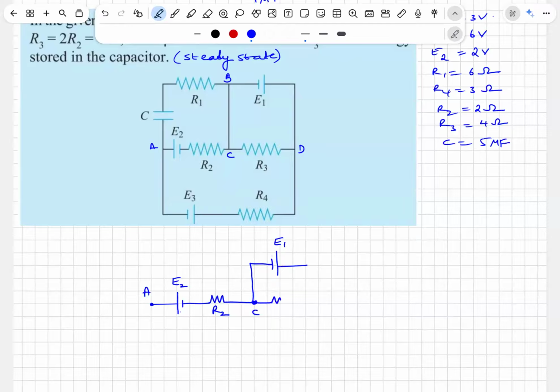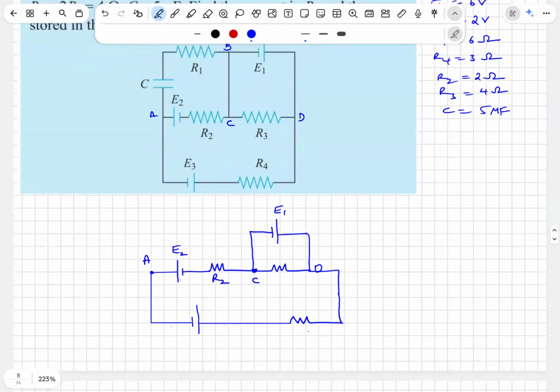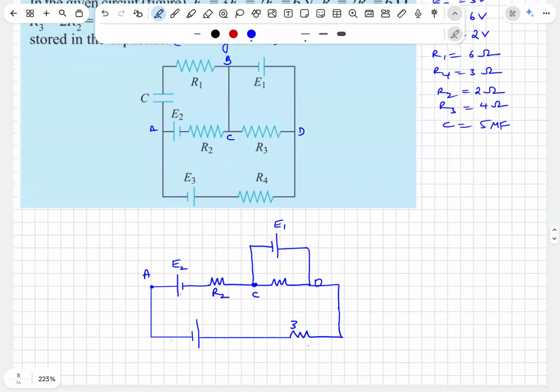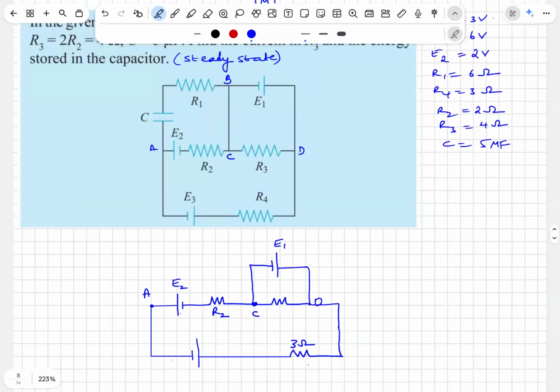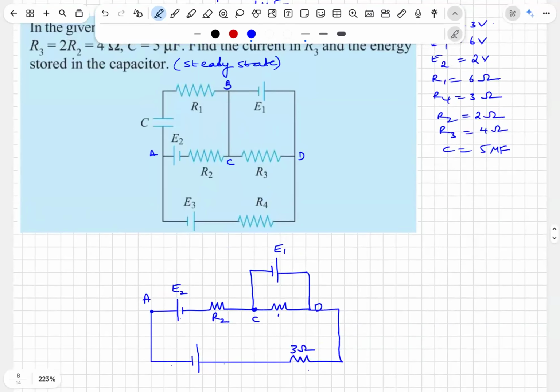E1, in fact, this is a 3 ohm. And R3 is a 4 ohm.